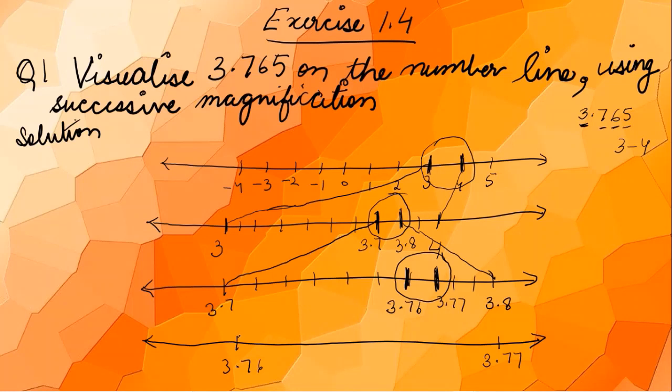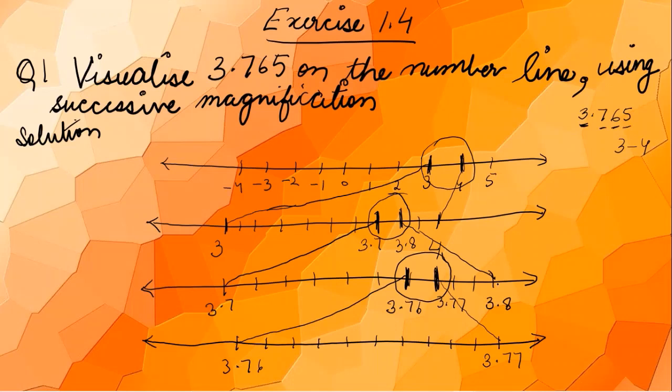You can draw by scale, okay? Then it will be more accurate. Now you will be having 10 divisions over here. Divided into 10. 2, 3, 4, 5, 6, 7, 8, 9.